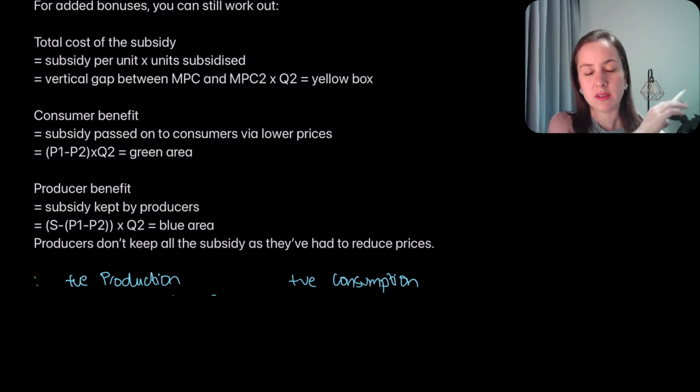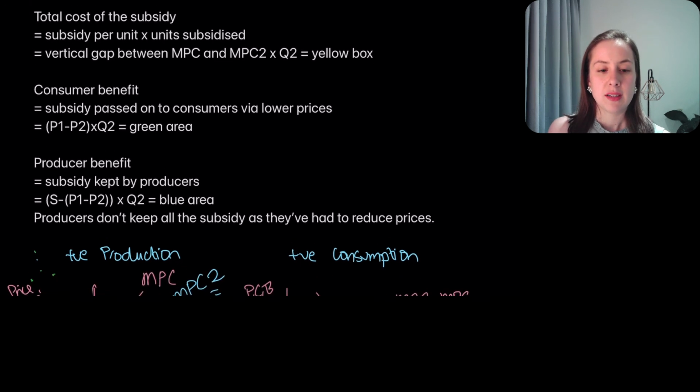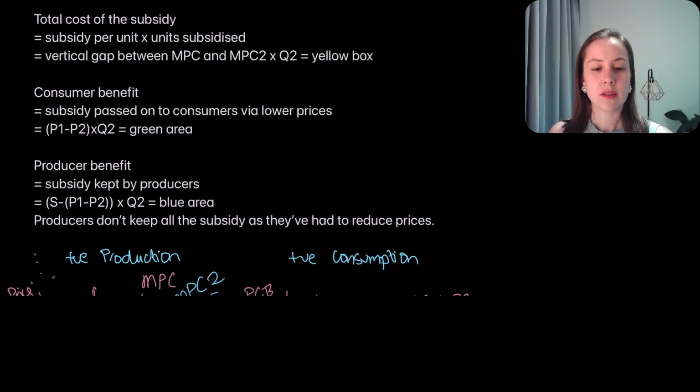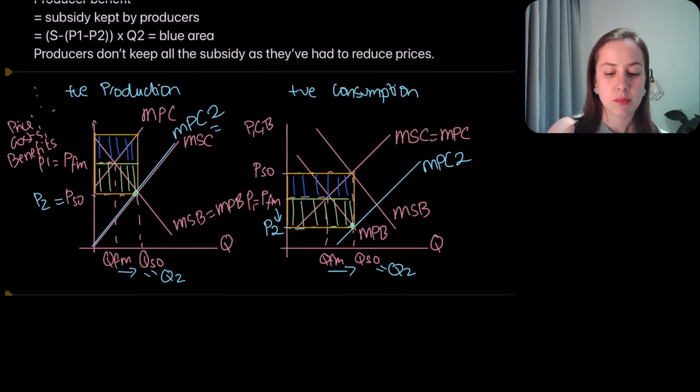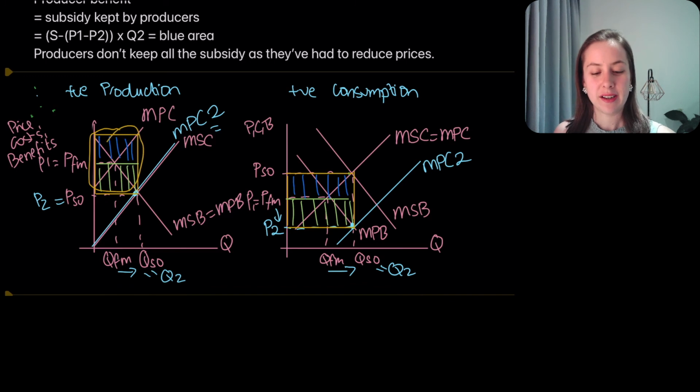We've done these before in some of the other subsidy videos, but how they line up now with the market failure graphs. So the total cost of the subsidy, per unit times the units subsidized, is going to be this yellow box. I'm just going to emphasize that yellow box. It's a rectangle.